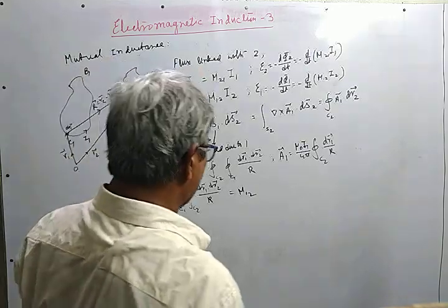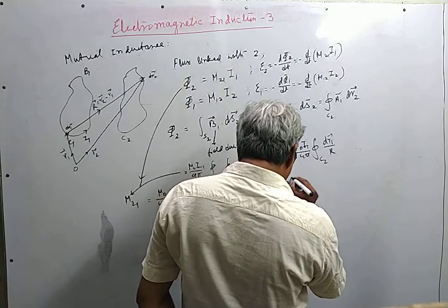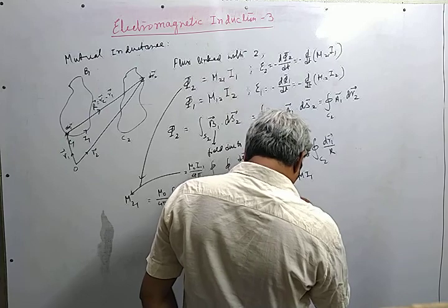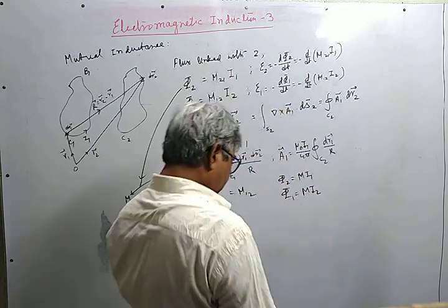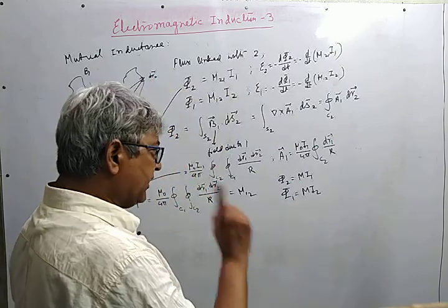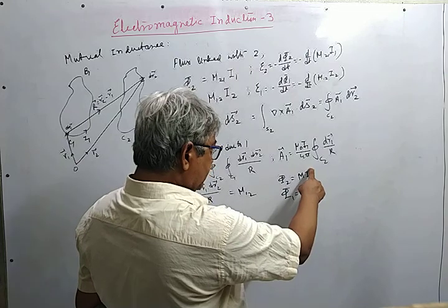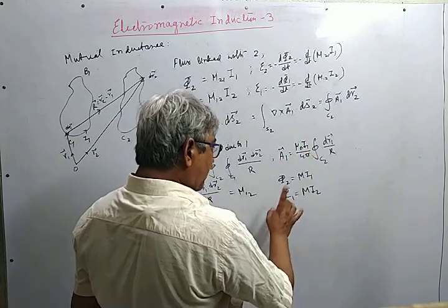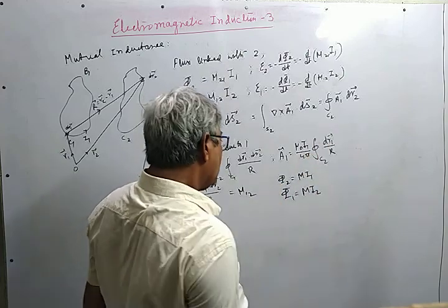So the relation now becomes phi 2 is equal to M I1 and phi 1 is equal to M I2. That is, if current I flows through coil 1, then the flux linked with coil 2 is equal to the flux linked with 1 when the same current I flows through coil 2.